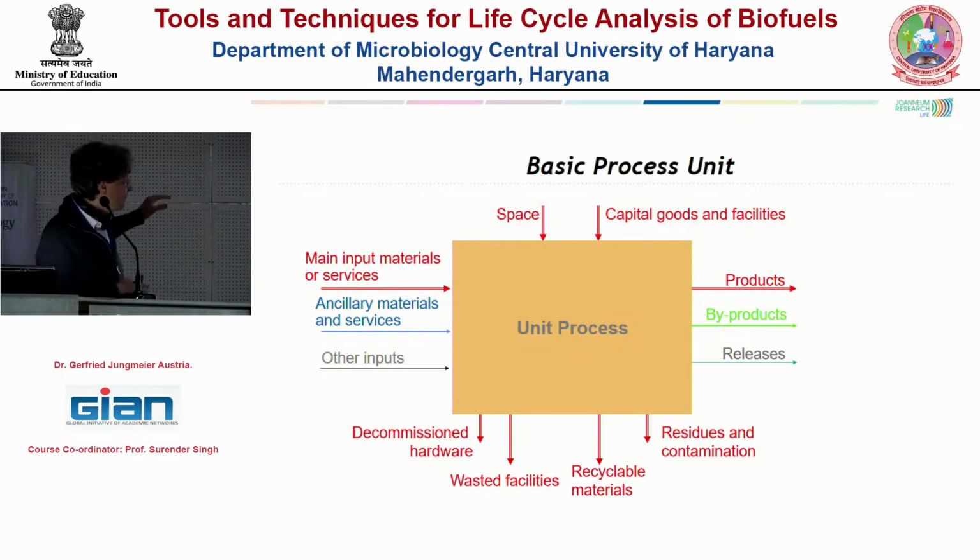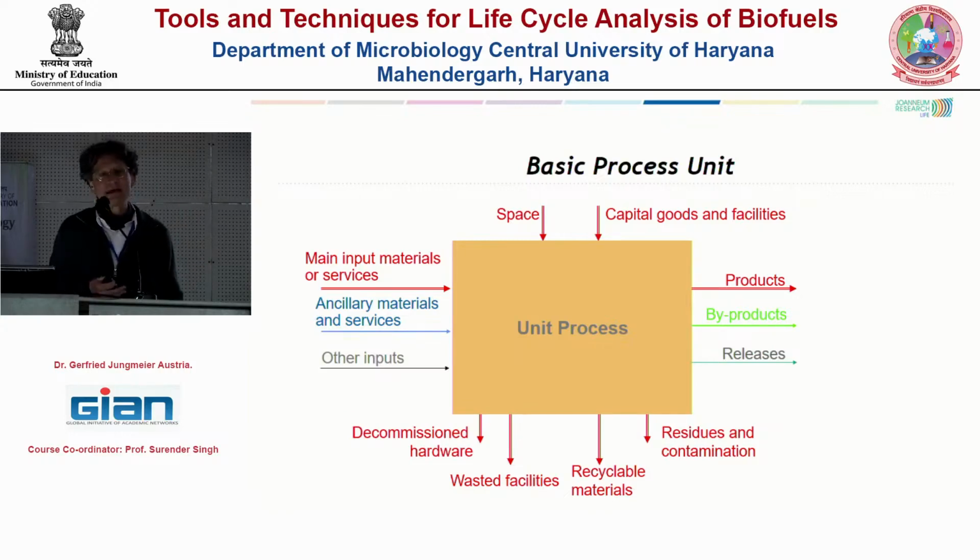In the horizontal way, so to say, you normally put in the materials: what is the main input material, what is the main raw material, what are ancillary materials and services, what is the energy you need, and any other inputs. And on the other side, on this horizontal side, are the products coming out, the byproducts coming out, and of course the releases to air, soil, and water.